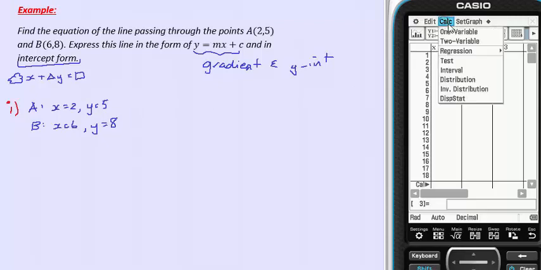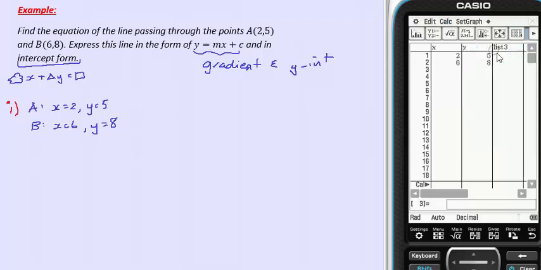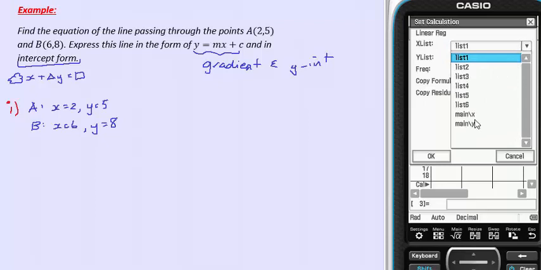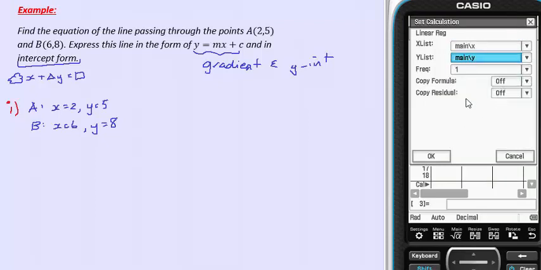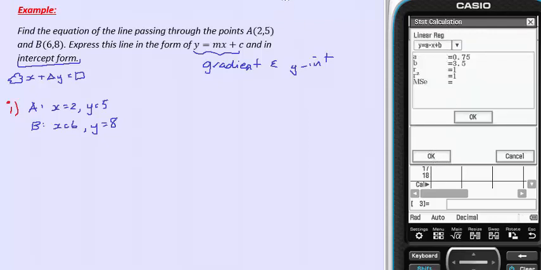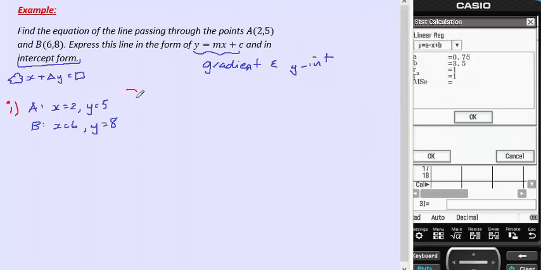Then I can go to calc, regression, linear regression, and set my x and y list exactly the same way that I do when I'm finding a regression line. But there's one big difference, and that is here I have to make y equals mx plus c. So I can't do y equals a plus bx, which is what I would normally do if I was doing a regression line.